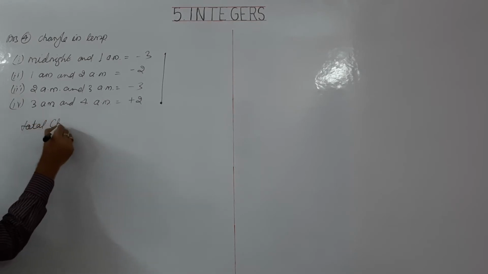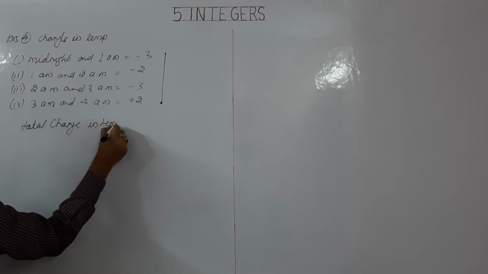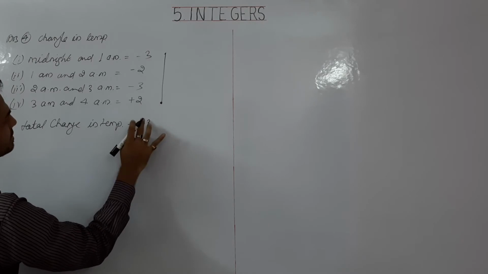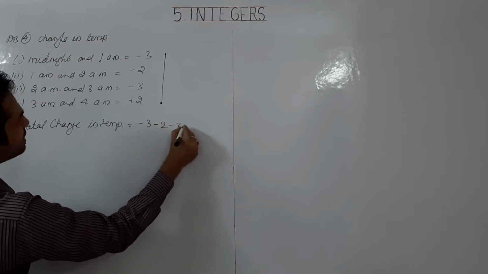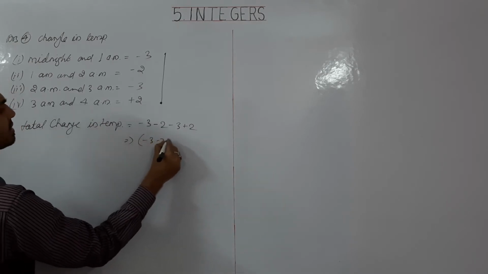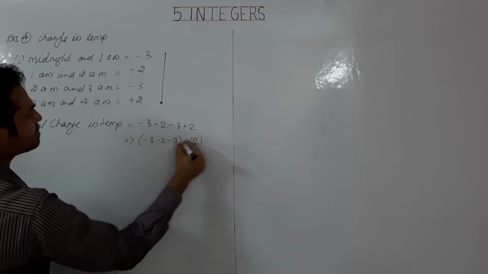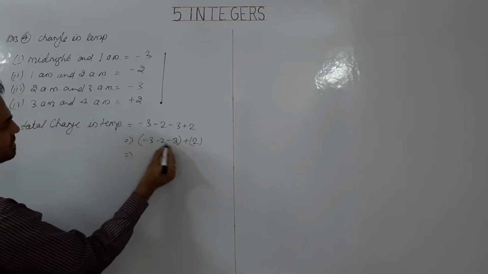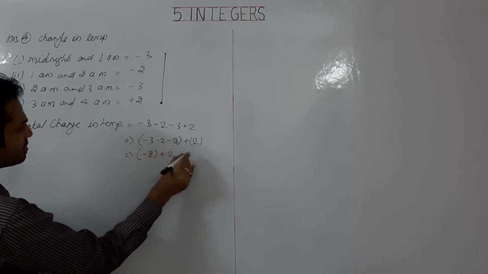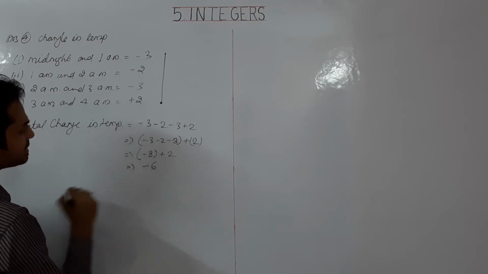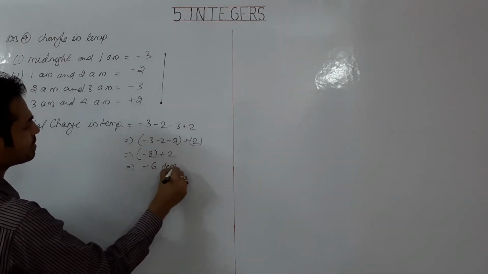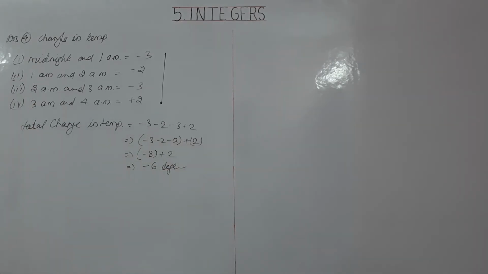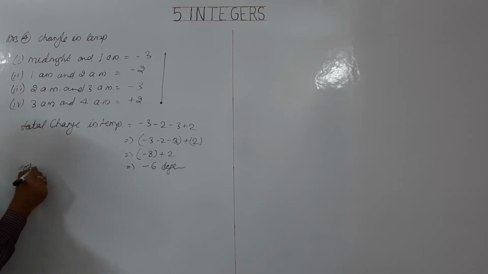The total change in temperature is, we have to add them: minus 3, minus 2, minus 3 and plus 2. Minus 3, minus 2, minus 3 is the first group, and the second group is the positive number. 3 plus 3 plus 2 is minus 8, plus 2 is minus 6 degrees. Minus 6 degrees is the answer, the change in temperature.